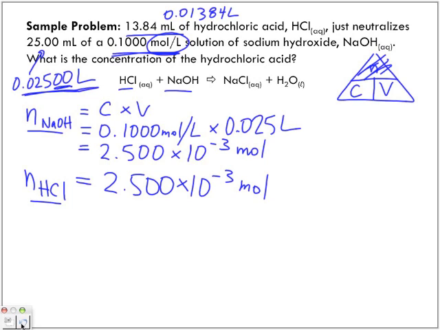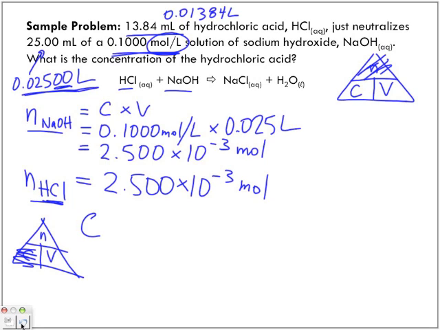Now, because I have the number of moles of hydrochloric acid, what other information do I have about hydrochloric acid in this question? The volume. So now, using that pyramid, I have the number of moles, I have the volume, and I need to find the concentration.